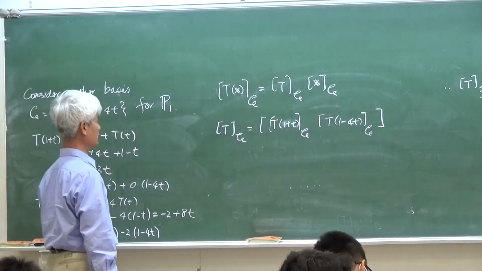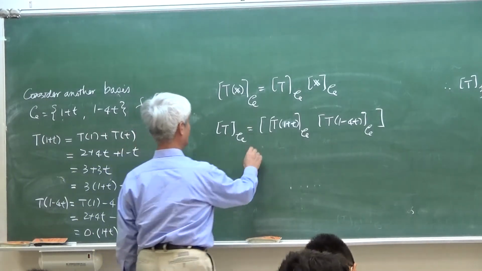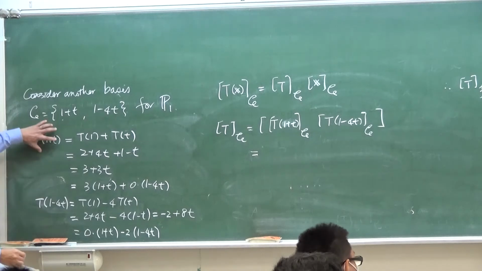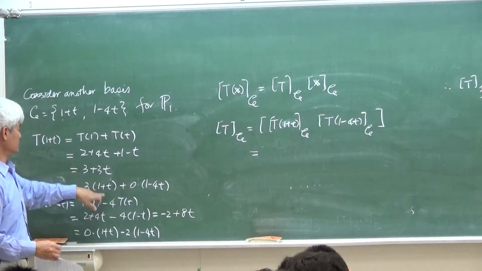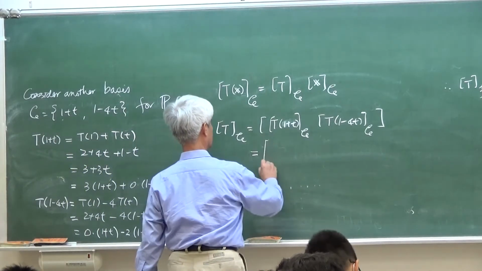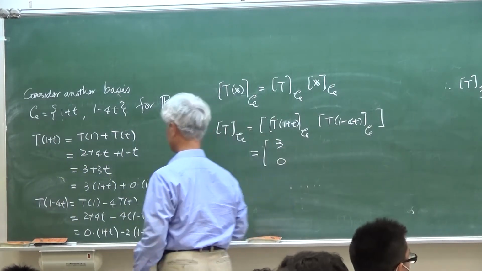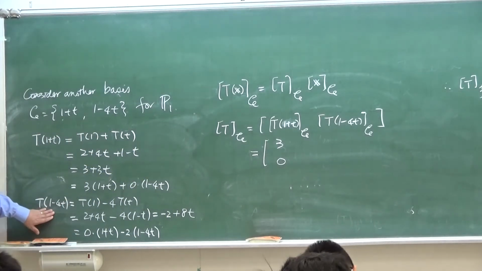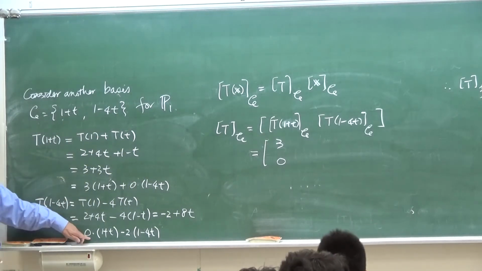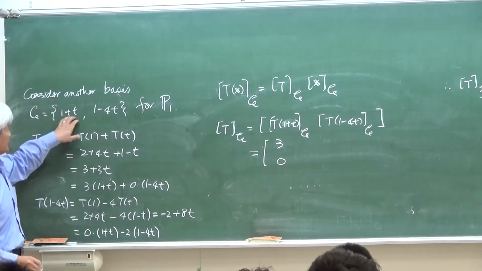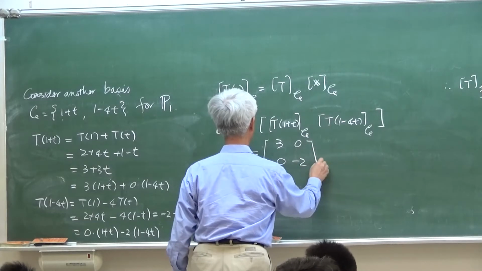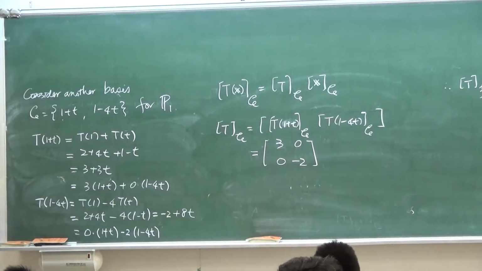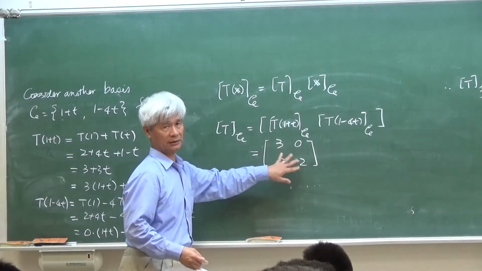So this is the matrix representation relative to basis C. And from here, the image is expressed as a linear combination of these basis vectors. So this is, what is that? This is 3, 0. Yeah. And similarly, the image of 1 minus 4t has been expressed as a linear combination of these basis vectors. So this is 0 and minus 2. So the matrix representation here is a diagonal matrix.